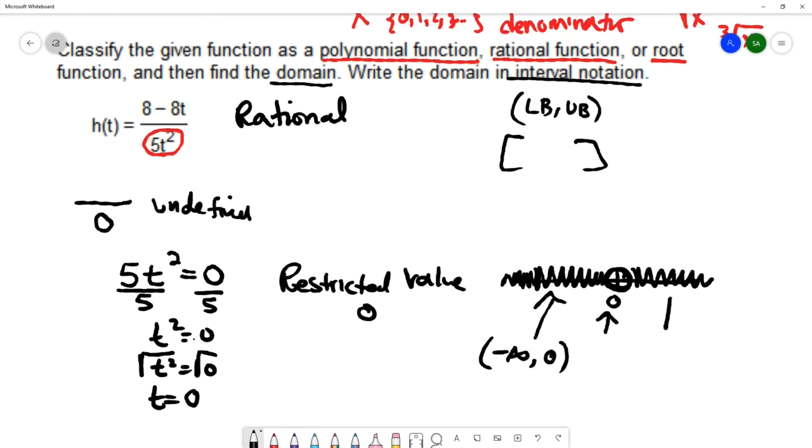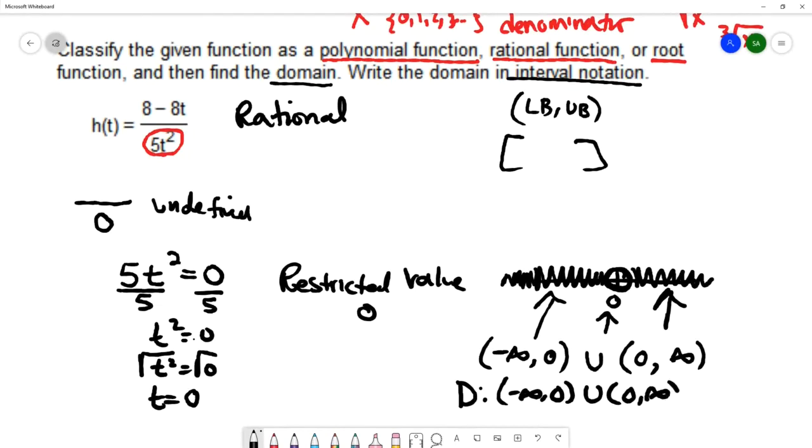And then we want to represent this interval here, which is going to start with a lower bound of 0 and go to infinity. Then we use the set notation symbol of union, saying that together these sets make up the whole set. So our domain is all numbers from negative infinity to 0, union 0 to infinity, and this set is all real numbers excluding that value of 0.